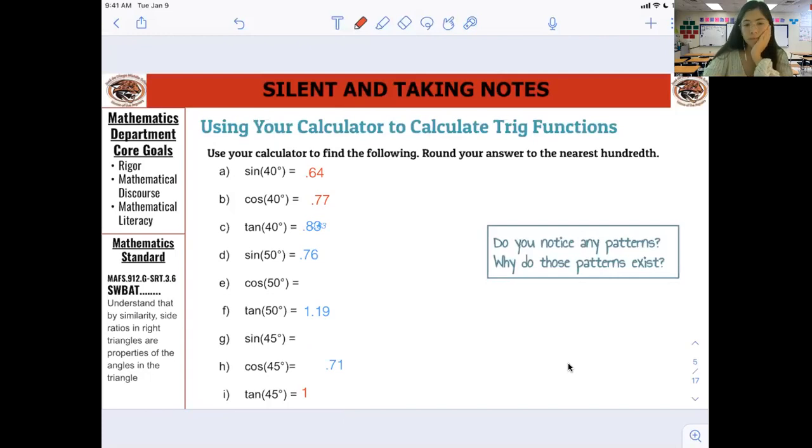Good. All right, what's the cosine of 50 and what's the sine of 45?